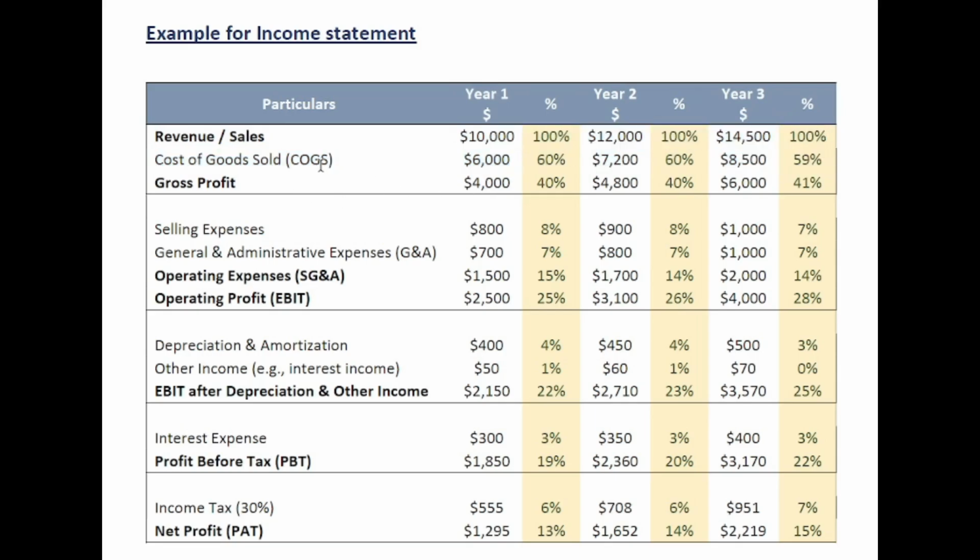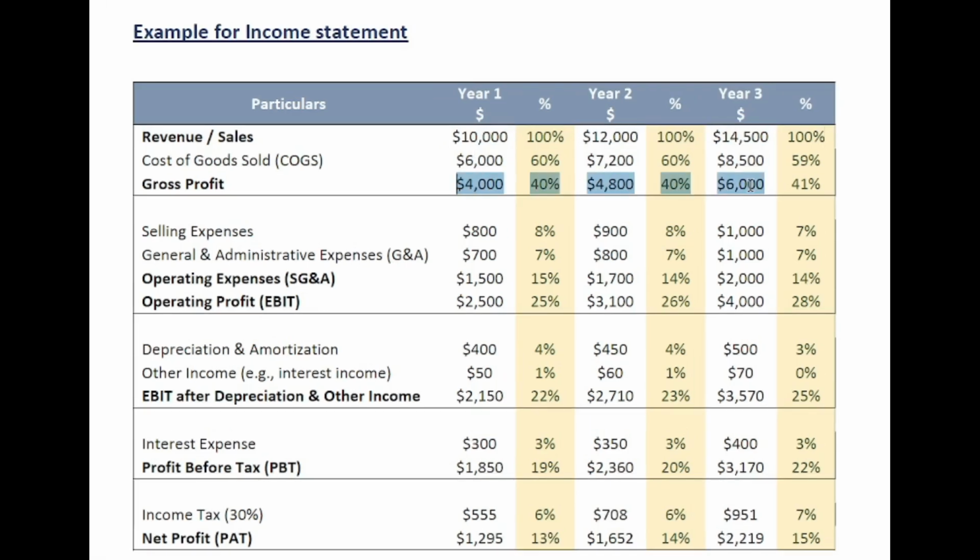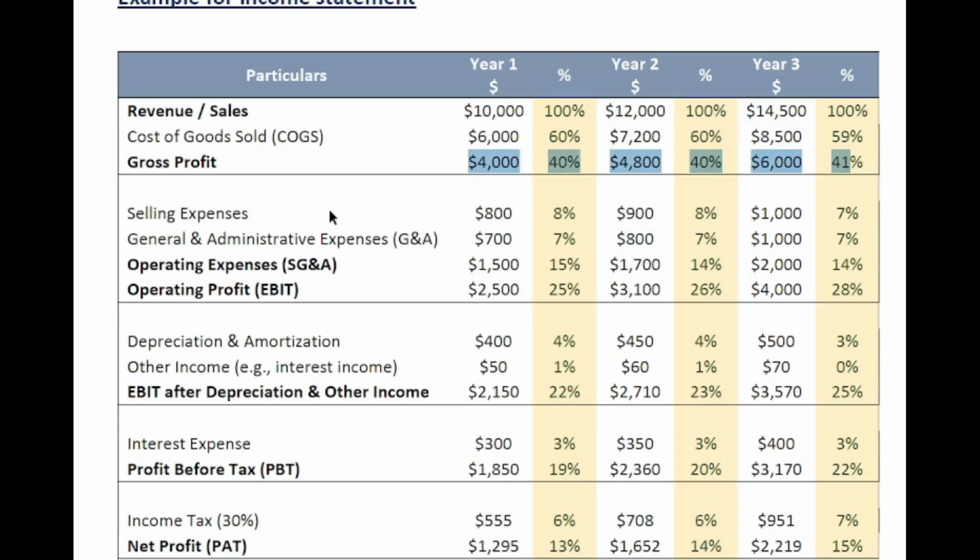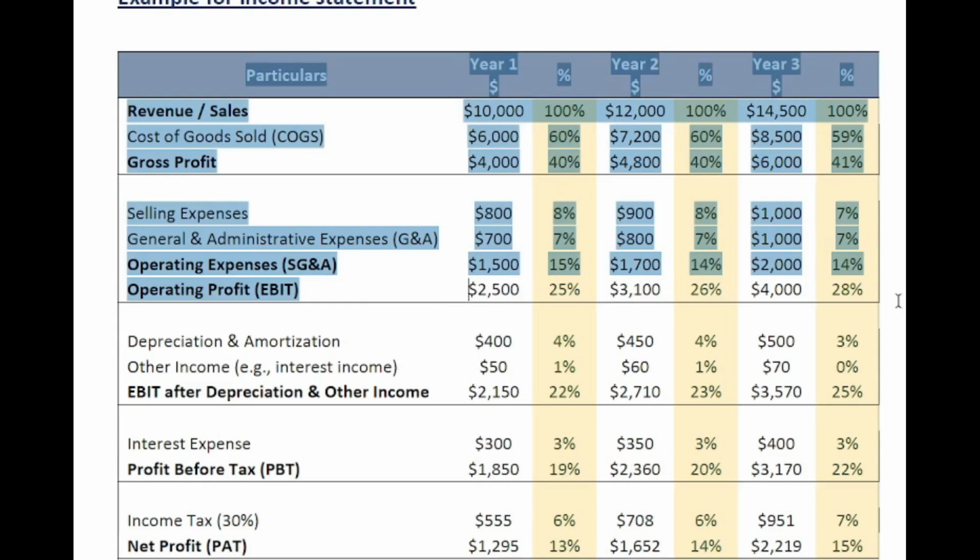After reducing the cost of goods sold from the revenue, you get the gross profit. After that, we come to selling and general administration expenses, like selling expenses and G&A. Once we reduce all the selling and general administration expenses, we get the operating income.